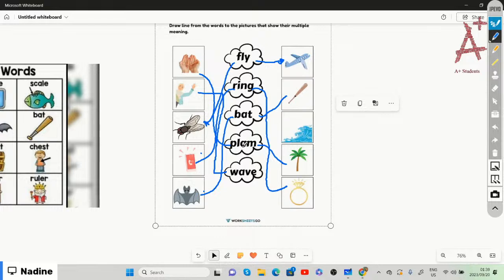So you can get the same word and then there can be 2 or 3 different meanings. So that is multiple meaning words.